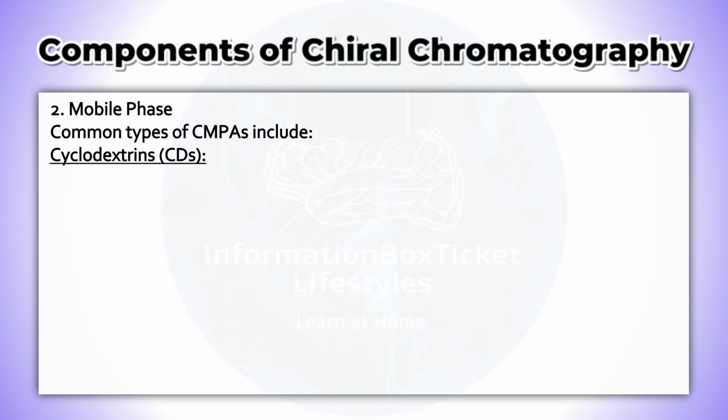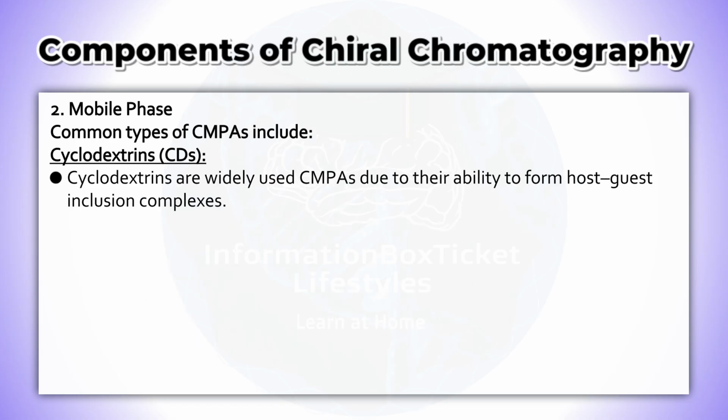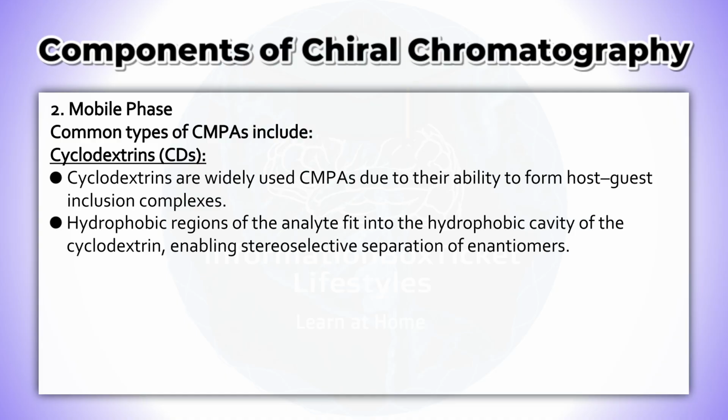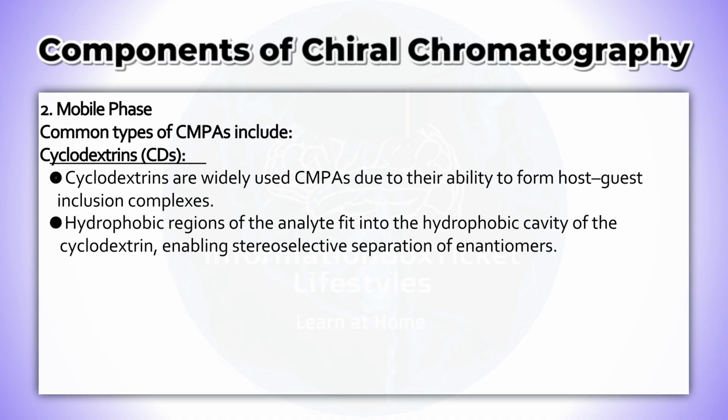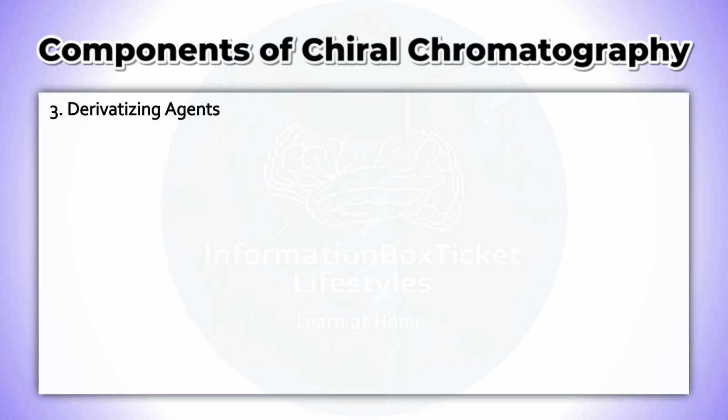Cyclodextrins, CDs. Cyclodextrins are widely used CMPAs due to their ability to form host-guest inclusion complexes. Hydrophobic regions of the analyte fit into the hydrophobic cavity of the cyclodextrin, enabling stereoselective separation of enantiomers. 3. Derivatizing agents.